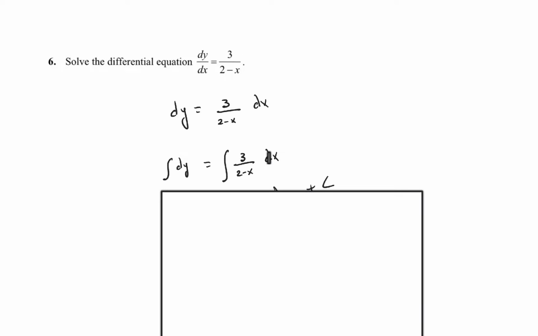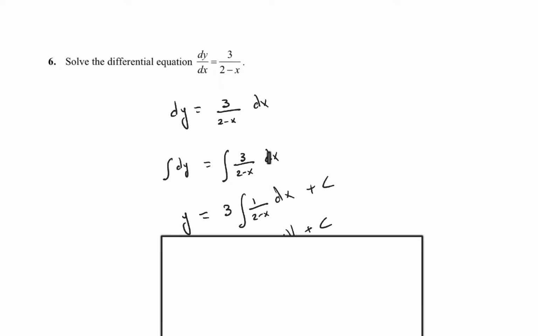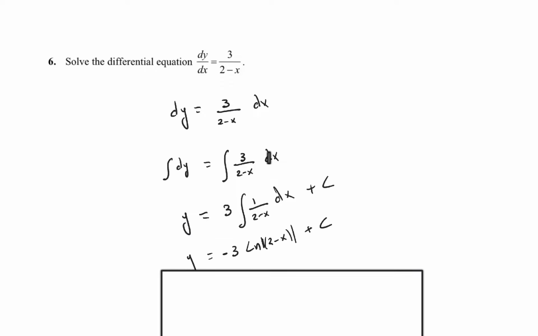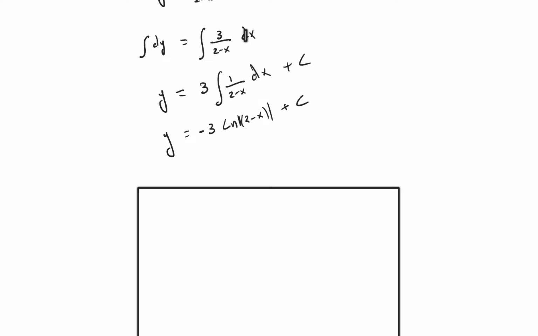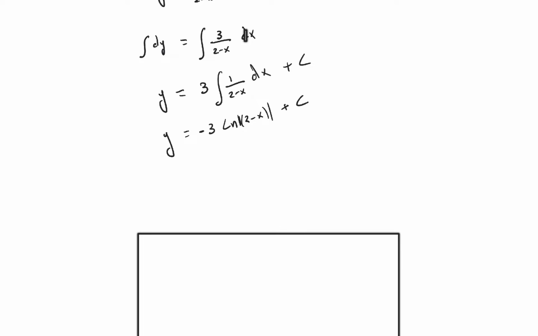We keep going, and the integral of dy is y of x, and the 3 goes out of the integral, and the integral of 1 divided by 2 minus x is log of 2 minus x with the minus sign. So it's minus 3 times the log of 2 minus x.